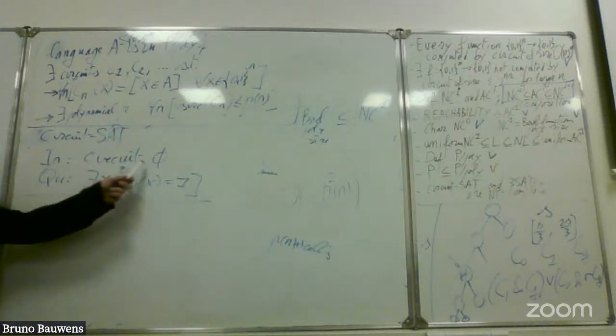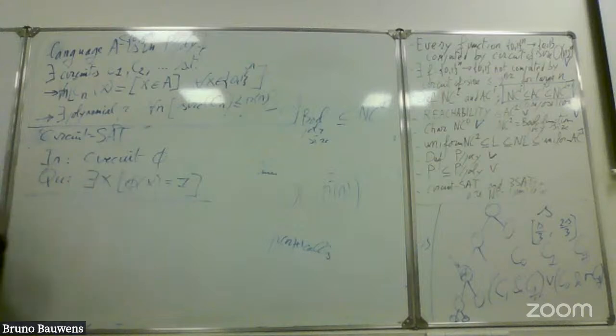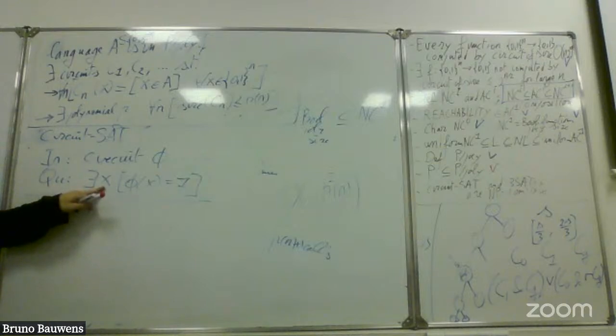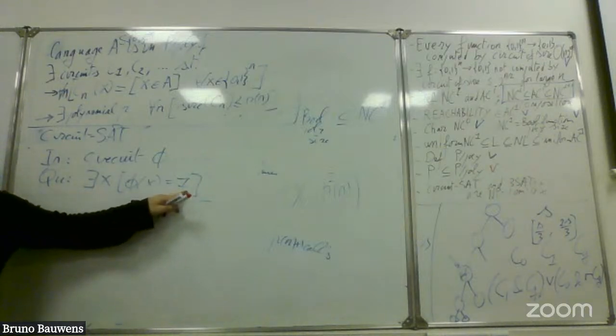So we are given a circuit phi. It receives n bits as input, and we check, can we find bits that make the circuit evaluate to 1?